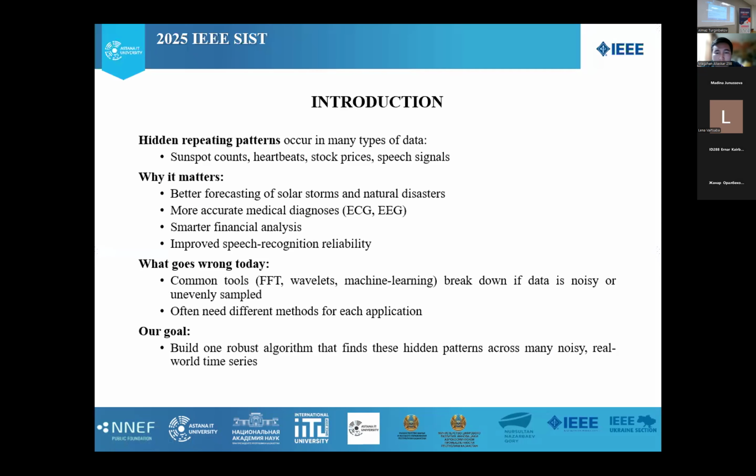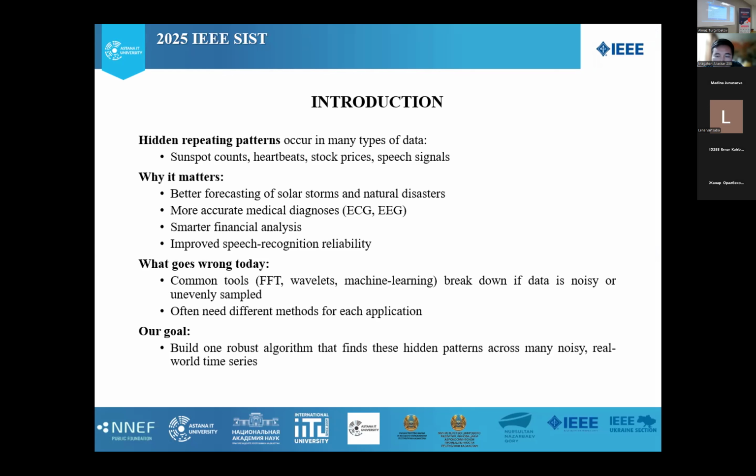Hidden repeating patterns appear in many real-world datasets: sunspot counts, heartbeats, stock prices, speech signals. Why does this matter? Because uncovering these patterns can improve forecasting of solar storms and natural disasters, enhance medical diagnosis in EEG and ECG, enable smarter financial analytics, and boost speech recognition reliability.